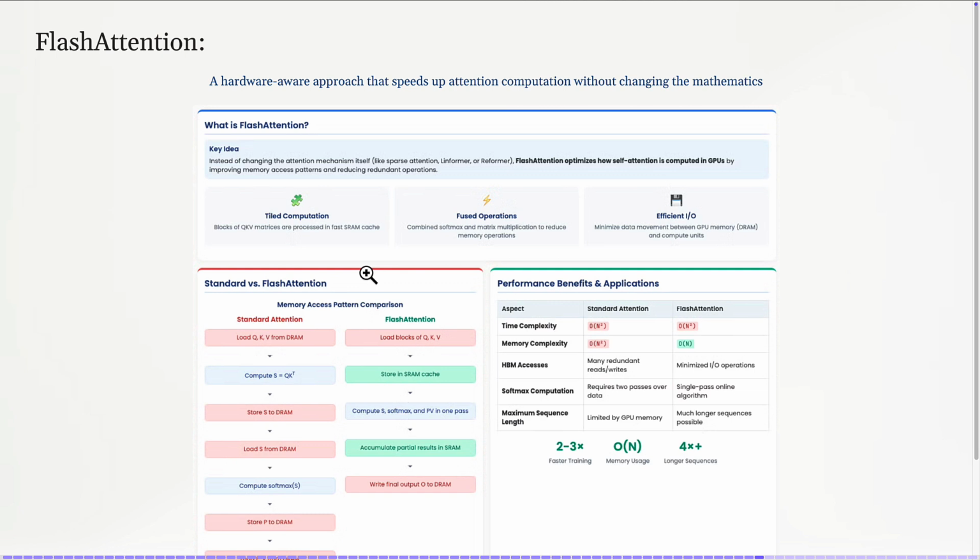In Flash Attention, it loads all the blocks and stores them in the SRAM cache, because the cache is faster, computes the softmax and PV in one pass, accumulates partial results in the SRAM, and writes the final output to the DRAM. So we have only one write into the DRAM, the slow memory, whereas here there is a lot of writing back and forth. So it's basically an optimization on how self-attention is computed by the GPU.